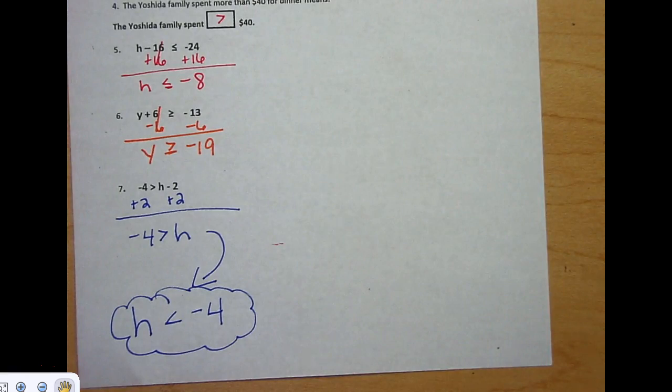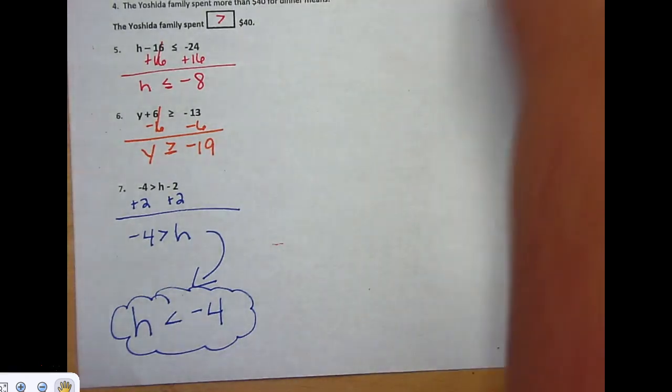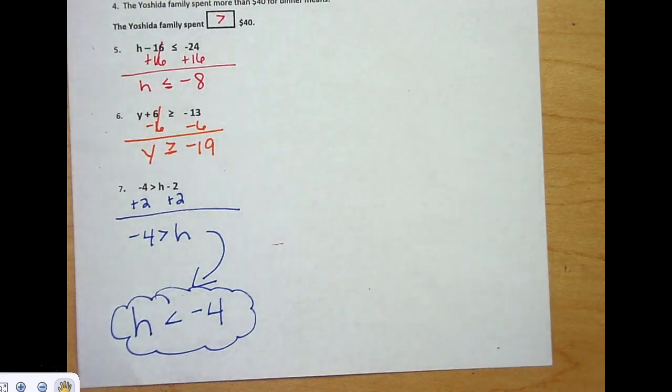All right, so cut out your other 2 papers if you need to. And we'll get them glued in our journal, all 4 of them. And we'll update our table of contents.